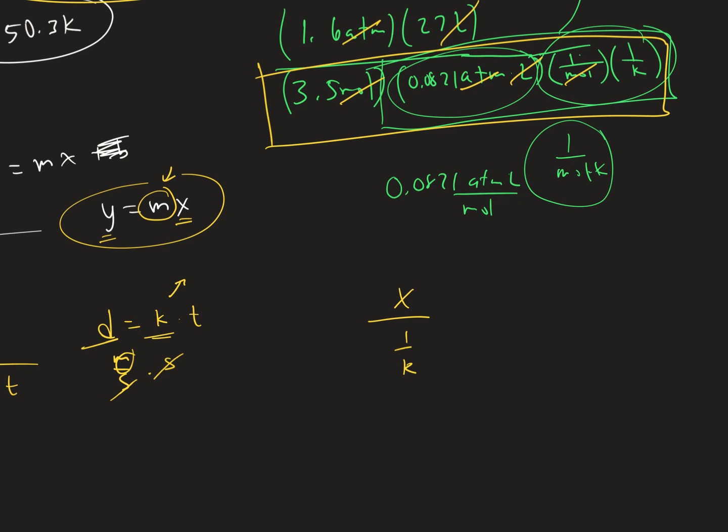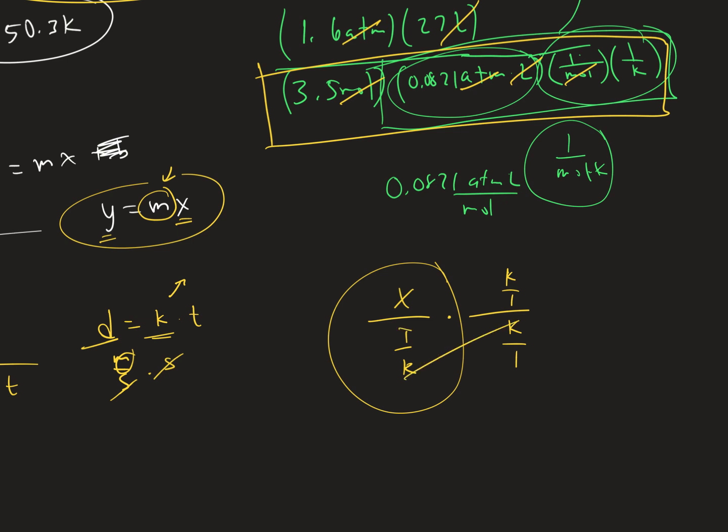Anybody want an explanation? Sure. Okay. What can we multiply this by without changing the value? 1, right? Can that 1 look like this? K over 1 over K over 1. Anything divided by itself is 1, right?